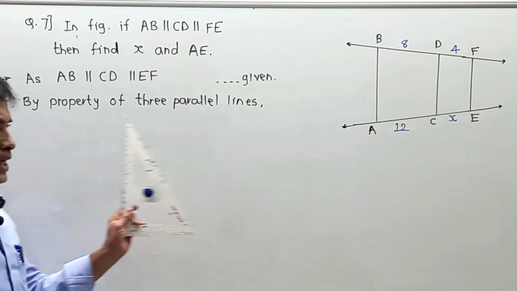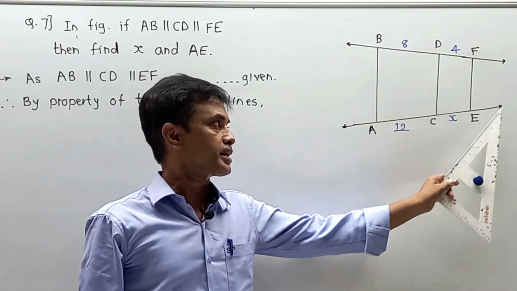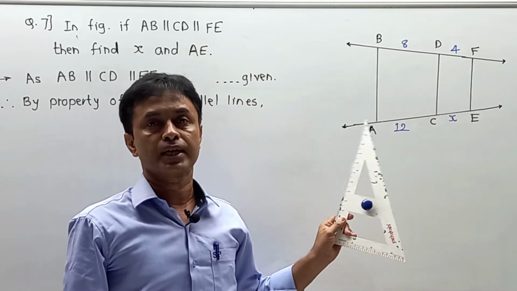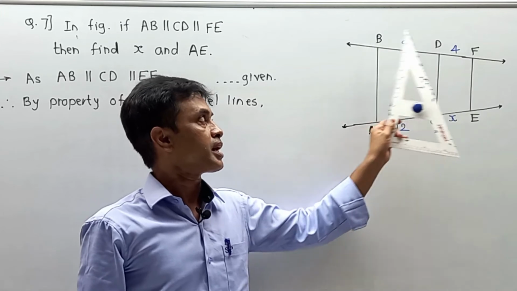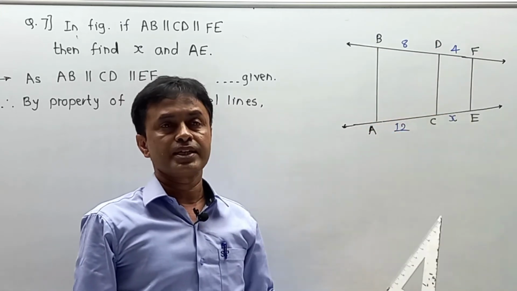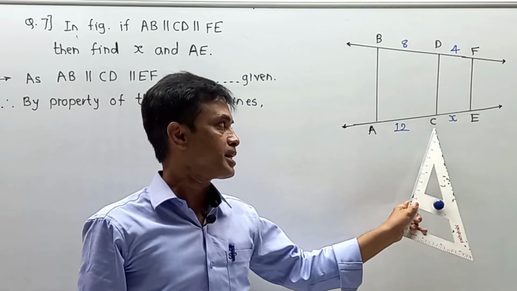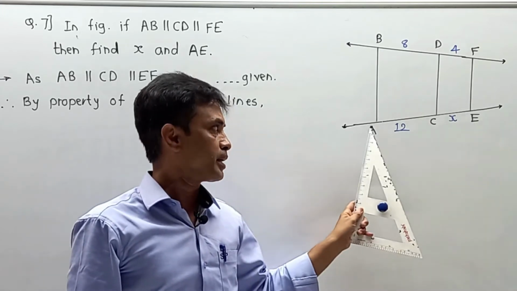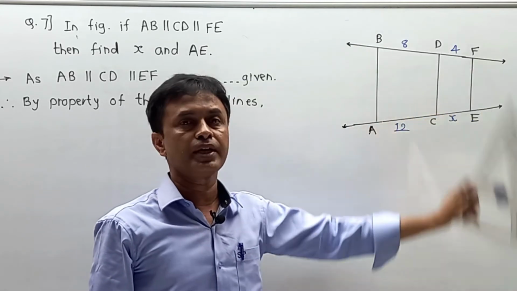now once again try to understand, if these three lines are parallel, intersected by two transversals, then the ratio of the first intercept, BD upon DF, is exactly equal to the second intercept, that is AC upon CE. So I am writing AC upon CE is equal to BD upon DF.